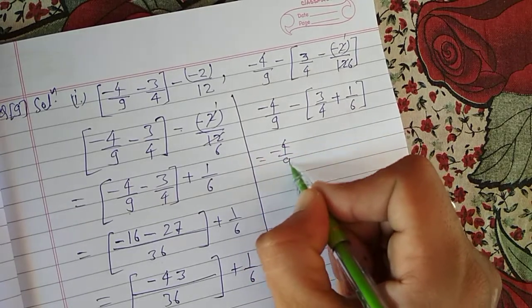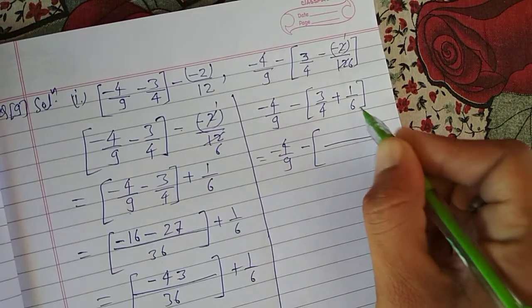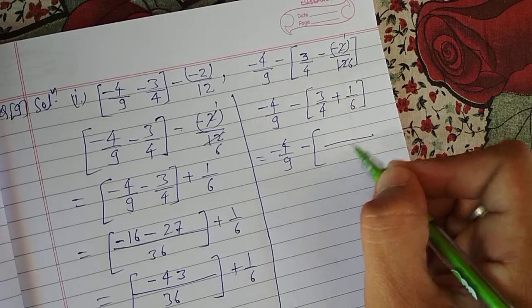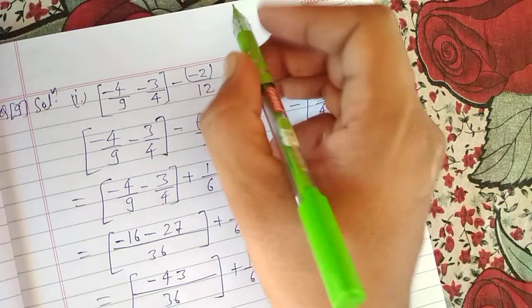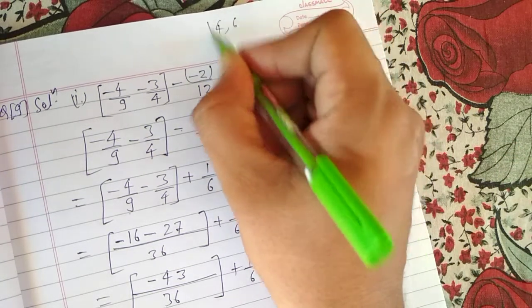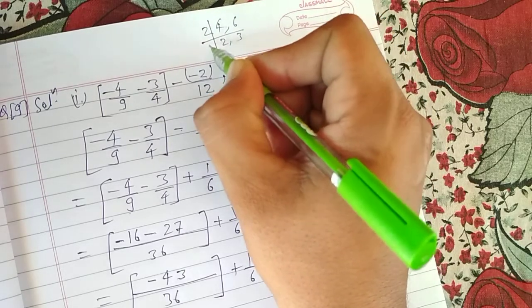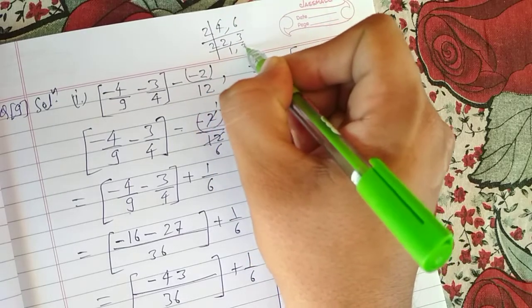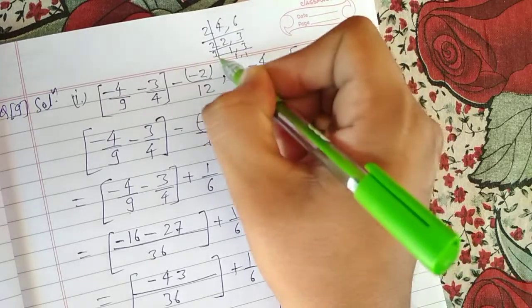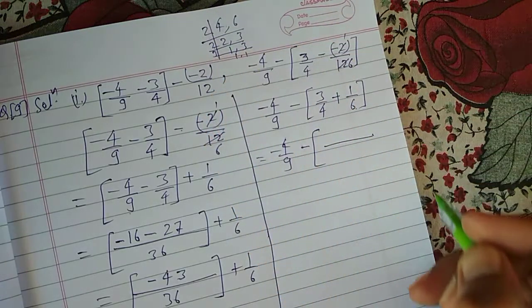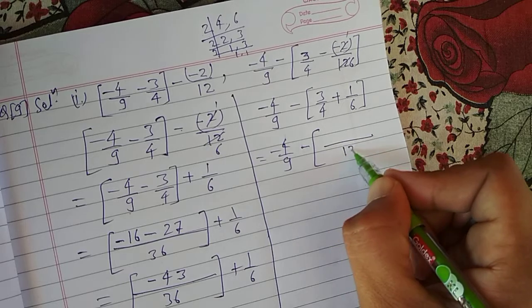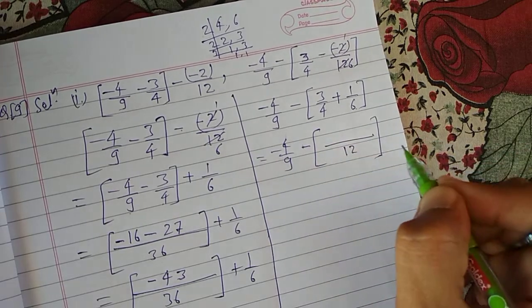Minus 4 upon 9 minus, in bracket, 6 and 4. The LCM of 6 and 4 we can find easily. 4 divided by 2, 3, 2, 1 and 3, again 3. 3 2s are 6, 6 2s are 12. That means the LCM of 6 and 4 is 12.